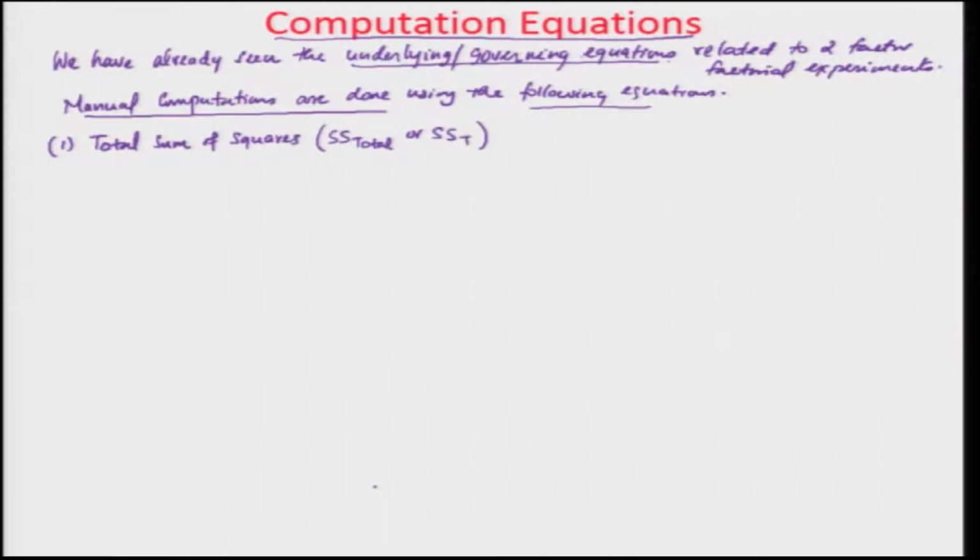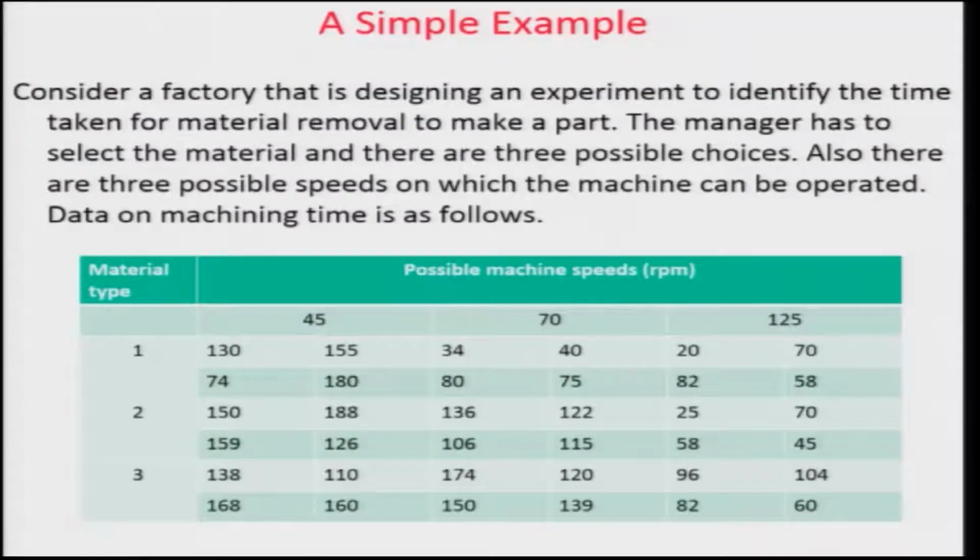This is the usual notation that we follow, and to calculate the total sum of squares we use this equation: SST is equal to a 3-step summation, sigma i equals 1 to a. If you think about it, this is your factor A, and i is indexing from 1 to a, and a is 3 here. So, you have 3 levels for this.